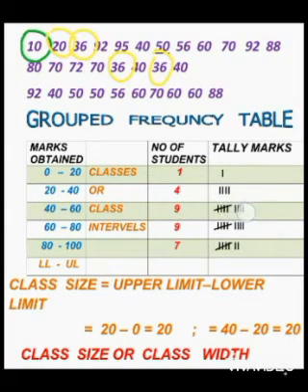Totally 9 students. Next 60 to 80, again 9 students. You have to represent the tally marks like this. 80 to 100, 7 students got. This is how you will represent the tally marks. This will be quite easy for you all to grasp the data easily, okay, children.